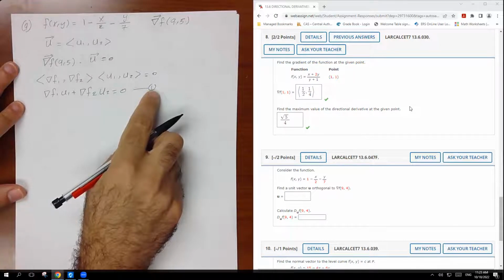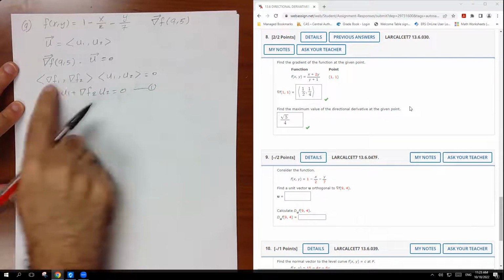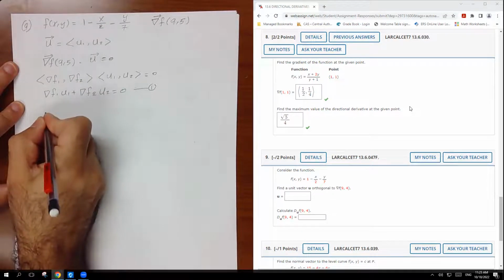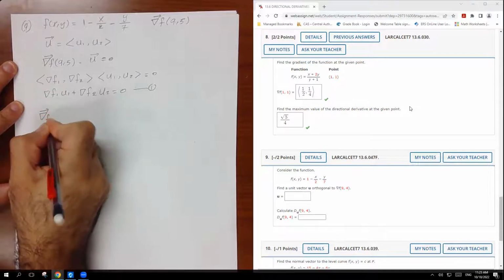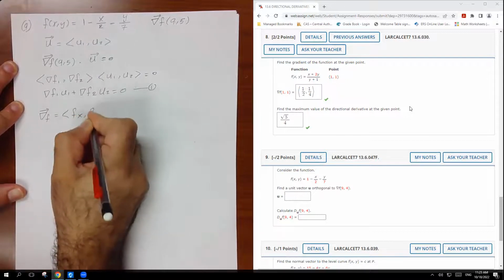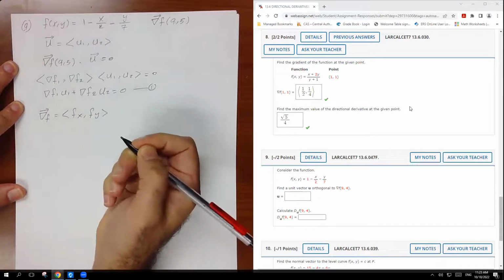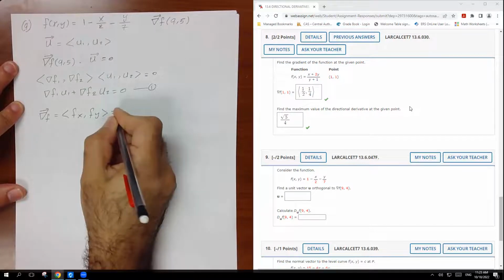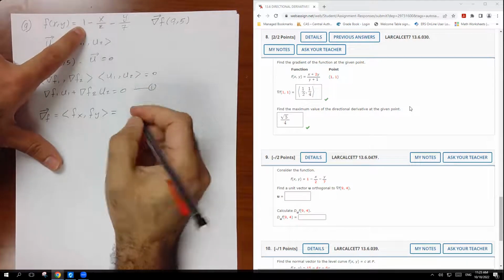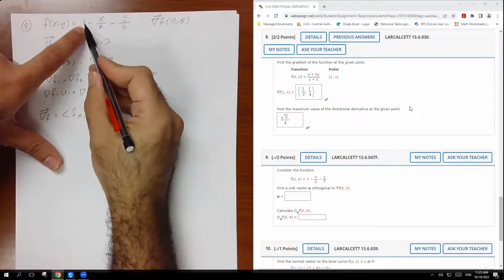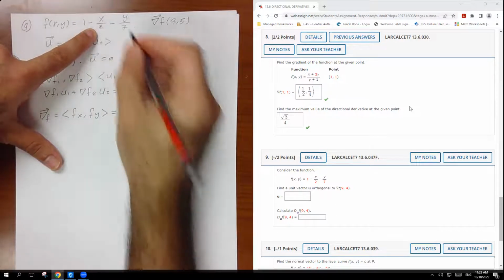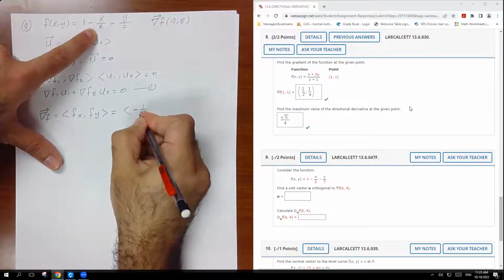Now, the first thing we have to do is find the gradient. That means the gradient of f is going to be f sub x and f sub y. Then we're going to plug in at the point. Let's find f sub x. This is 0, this one is going to be negative 1 over 2, and this one is 0. So it's going to be negative 1 over 2.